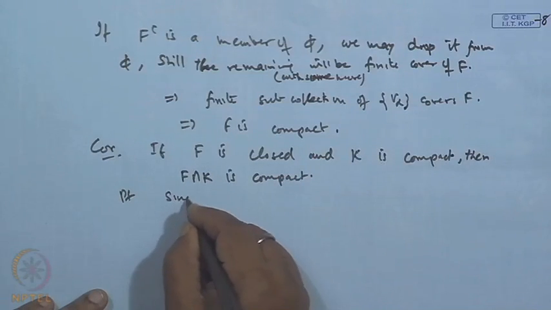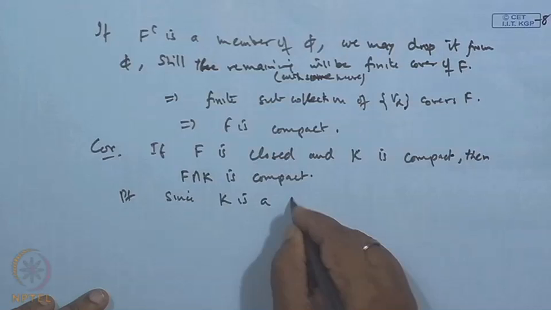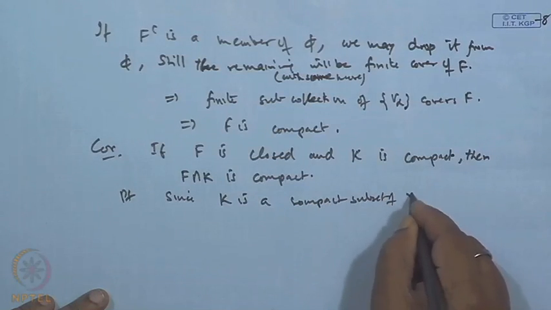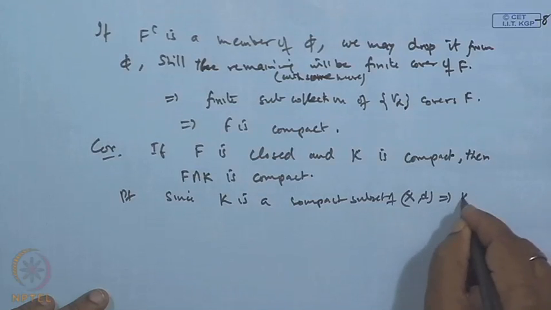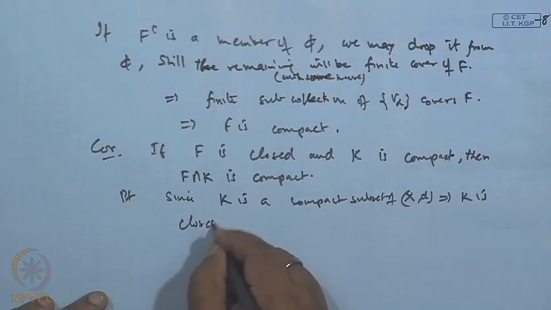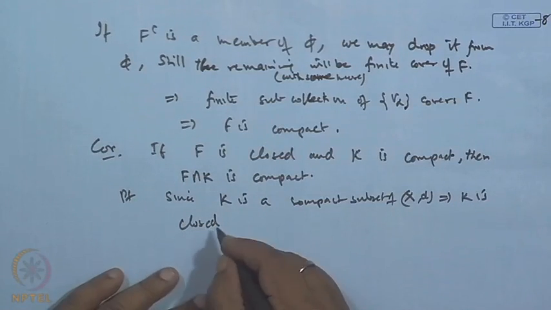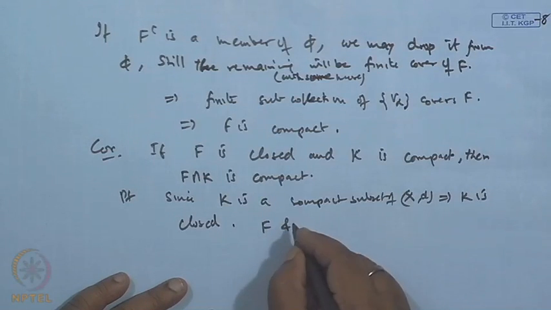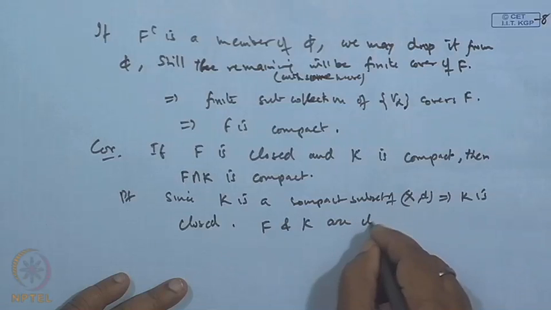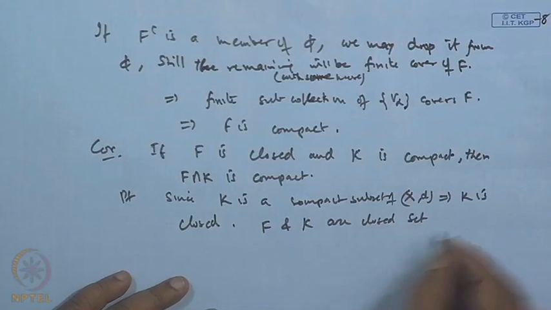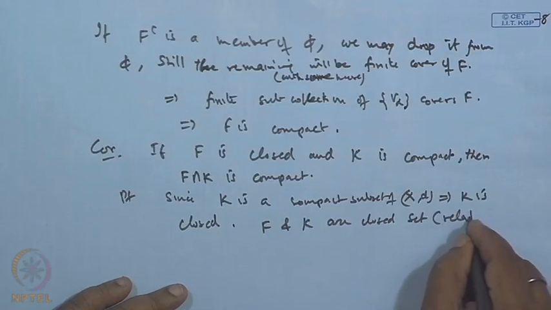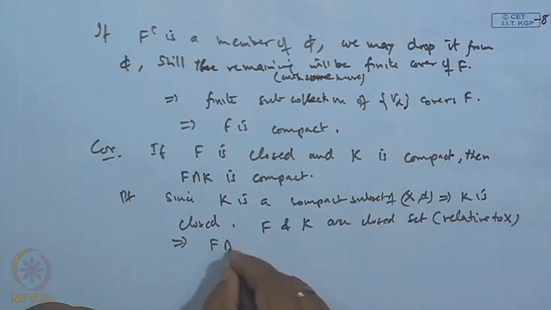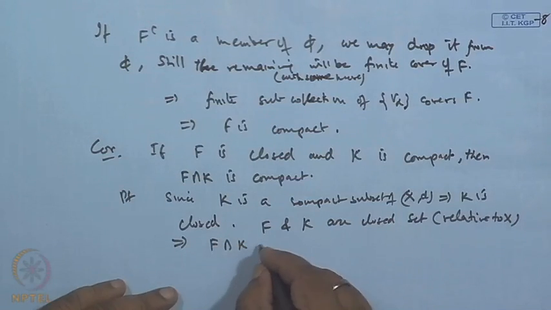So, since K is a compact subset of, say, metric space X, d, it implies that K is closed. Further, F and K are closed sets relative to X. So this implies that the intersection of two closed sets is closed.